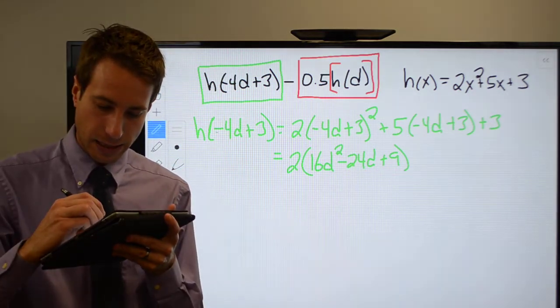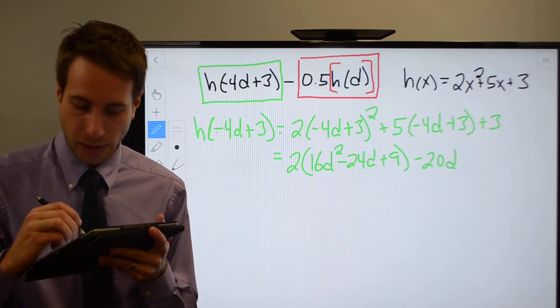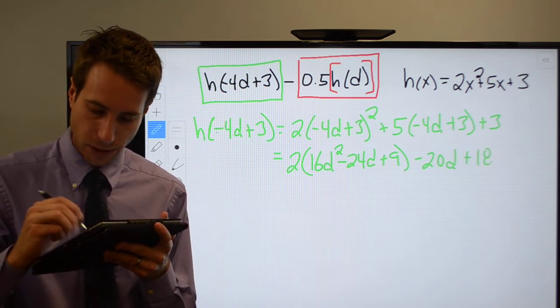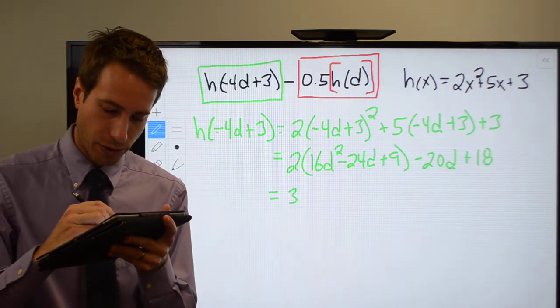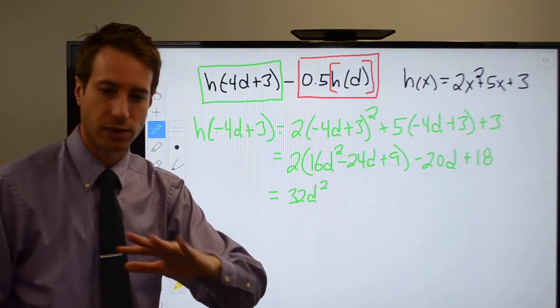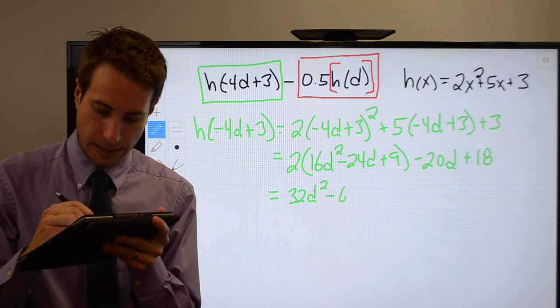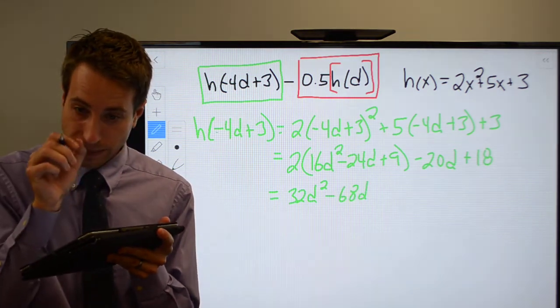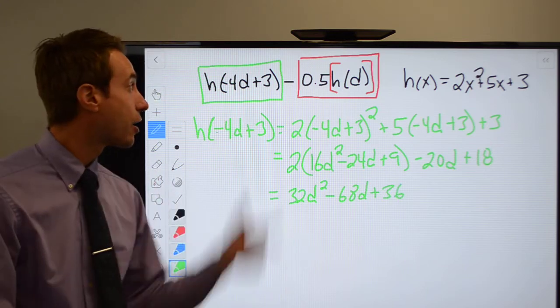The rest of it comes out to be a minus 20d and a plus 18. All right, I distribute that 2 through there. Combine like terms, you wind up with 32d squared. Again, I distribute the 2 through the parentheses, combined all my like terms. 32d squared minus 68d plus 36.